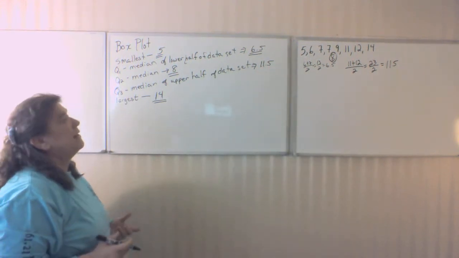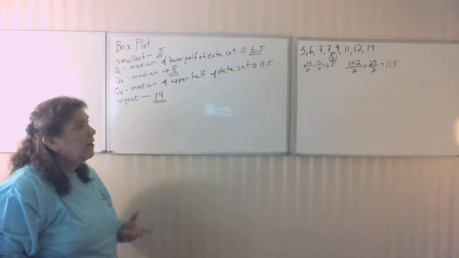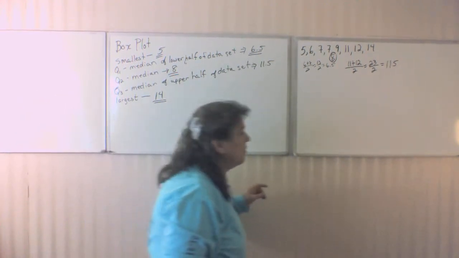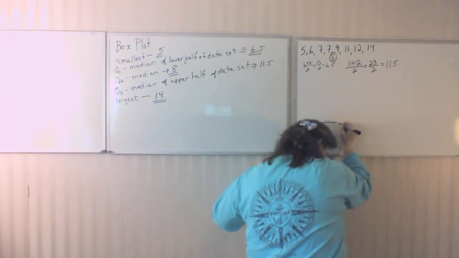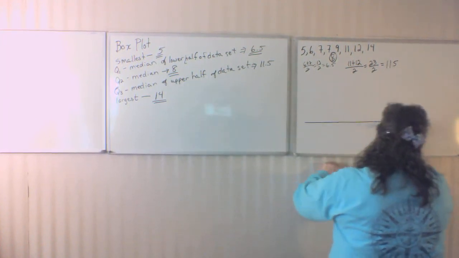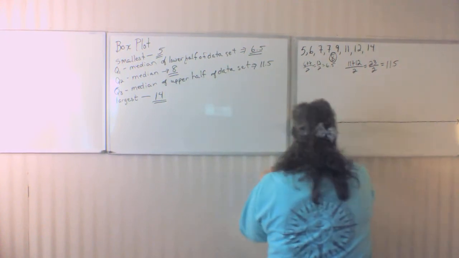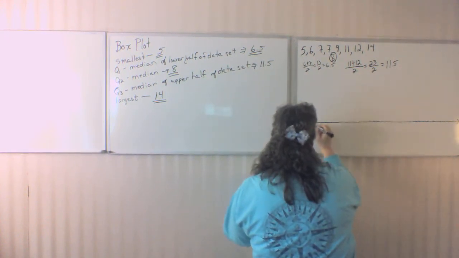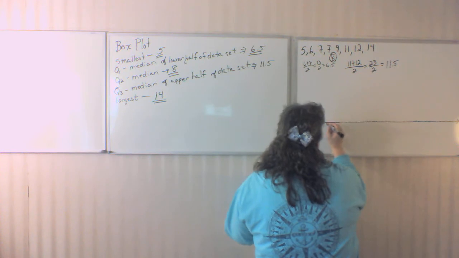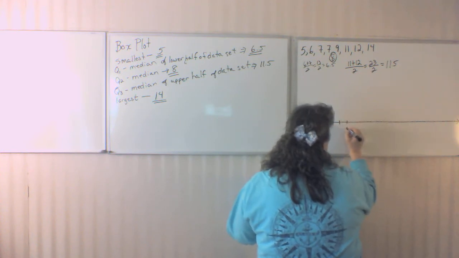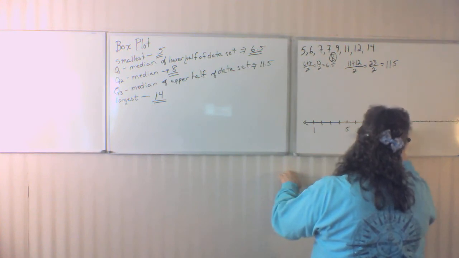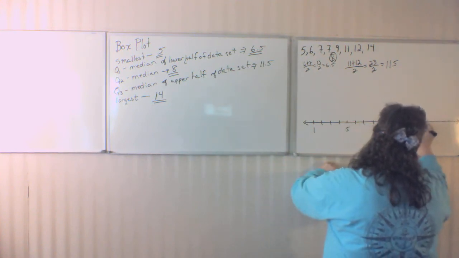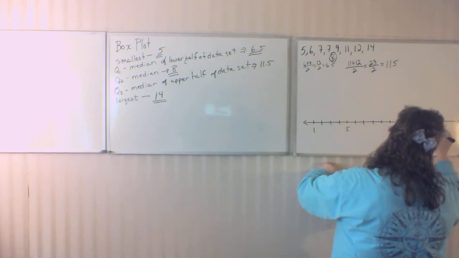So we've got that. Now we're ready to build our box plot. And so the box plot is put above a number line. And in this case, we're going to label our number line 1, 2, 3, 4, 5, 6, 7, 8, 9, 10, 11, 12, 13, 14, 15.